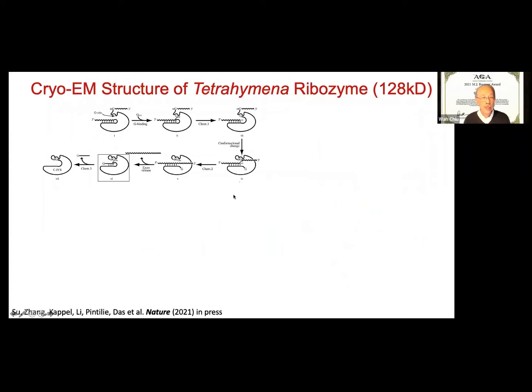The example that I like to share with you is the Tetrahymena ribozyme. This is the RNA discovered by Tom Cech, who discovered that RNA can work like an enzyme. It involves cleaving of the intron, then ligating it, and then cleaving it again. So this is an amazing molecule.